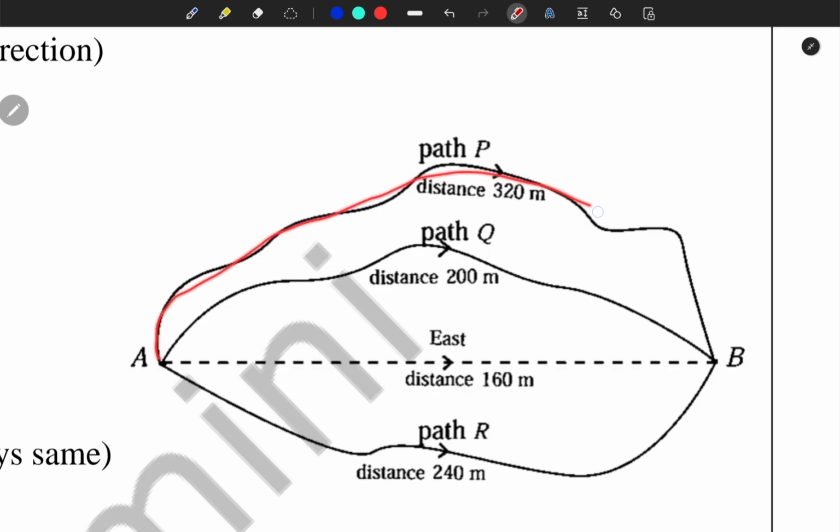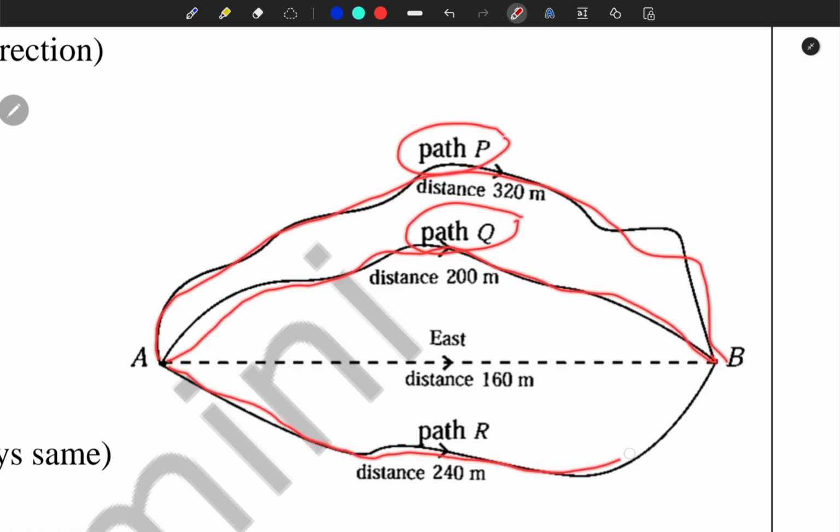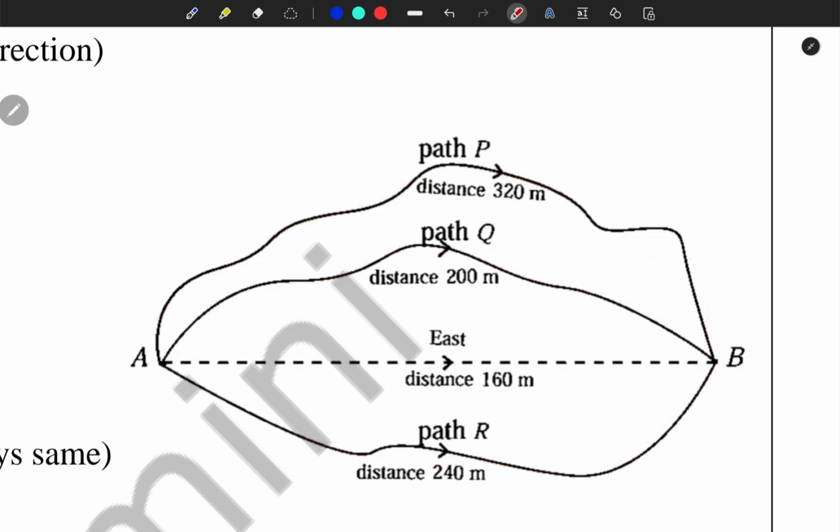He can go through here, which is called path P, or can move through this path, which is called path Q, or can move through this path which is called path R. So whatever the path he uses, finally his goal is to move from A to B. So there is a starting point, there is an ending point. So this is his or her journey.